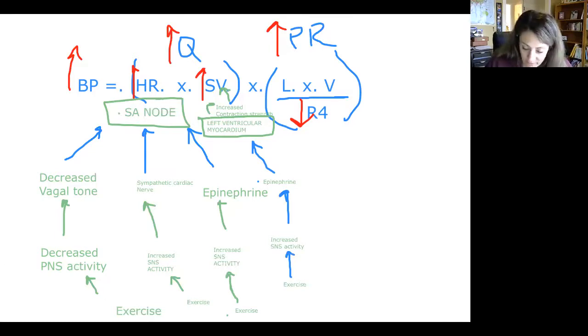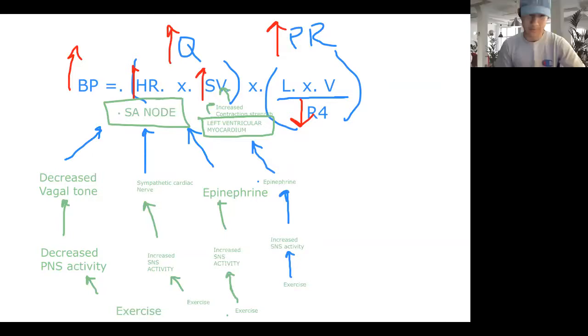Okay, let's go to radius. What controls the radius? If we want to change the radius of the vessel, what do we have to act on? Radius of the vessel is how wide or narrow it is.